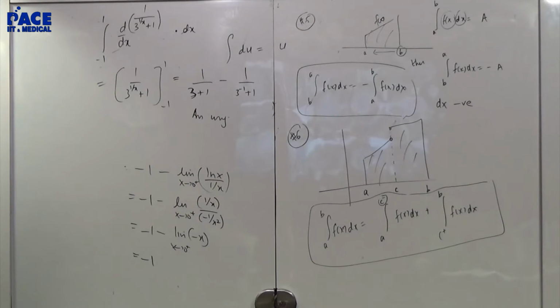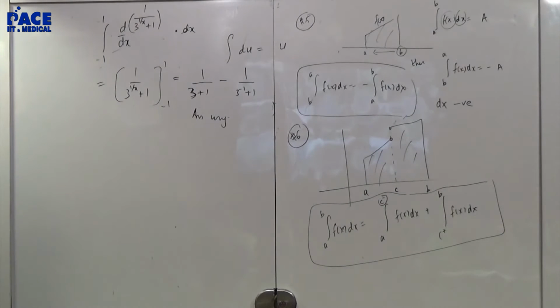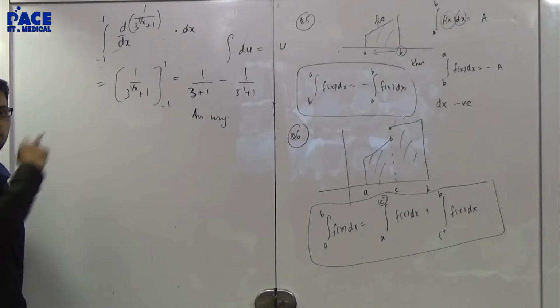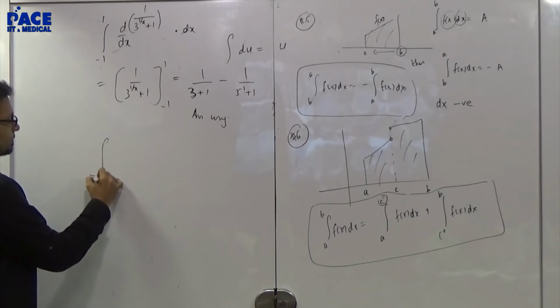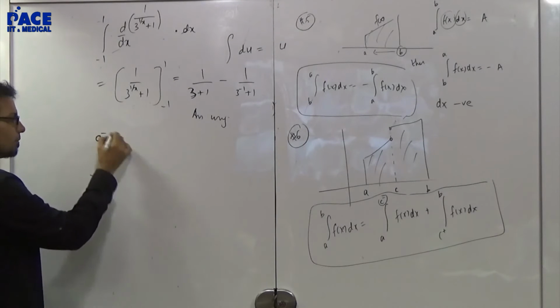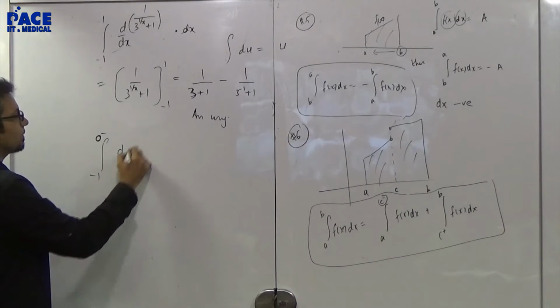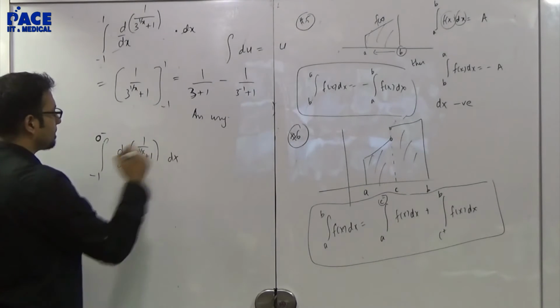So what I will have to do is, I will have to split the interval from -1 to 0 and then 0 to 1. So -1 to 0, but 0 मैं लिखूंगा यहाँ पे क्या? 0 plus की 0 minus. 0 minus. Yes. Okay.